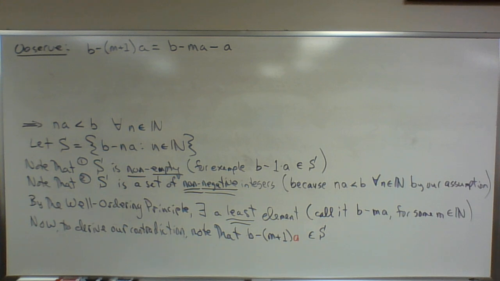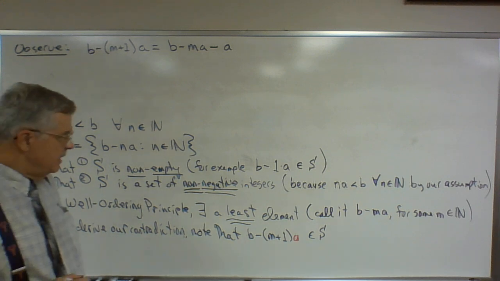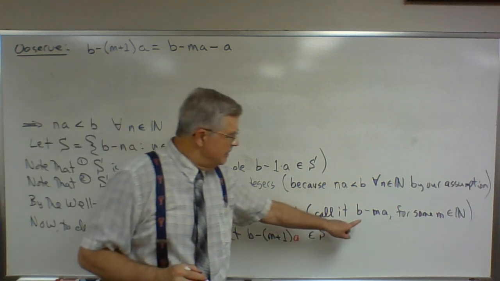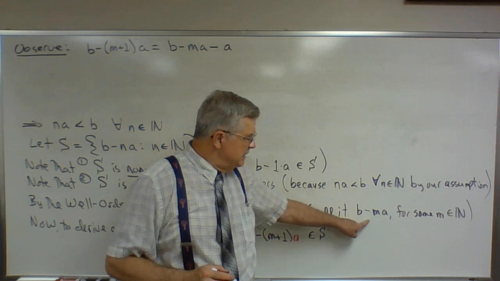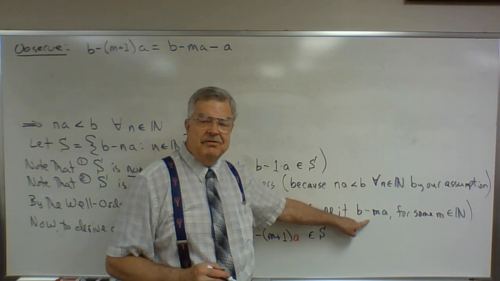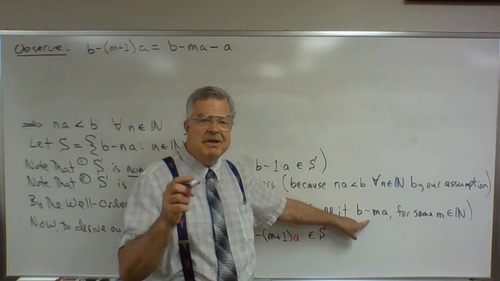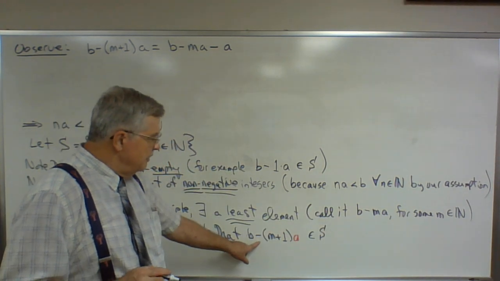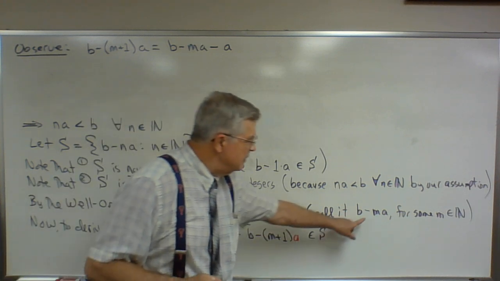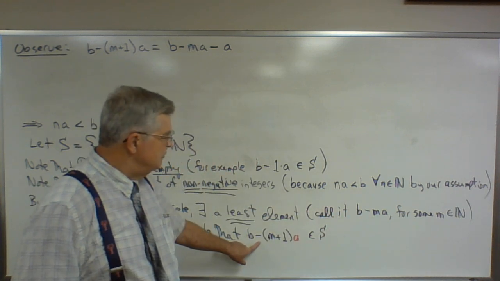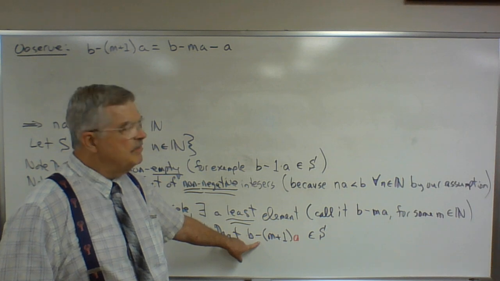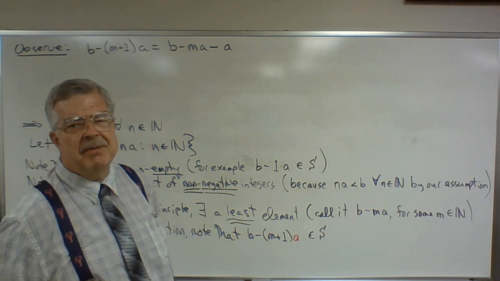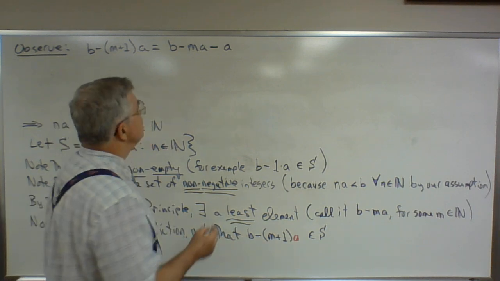Now, what's significant about that? Well, here's the current least element. This is supposed to be the least element of our set S. Will this thing dethrone the current champion when it comes to being the least element of S? Let's put the two side by side and see what happens.